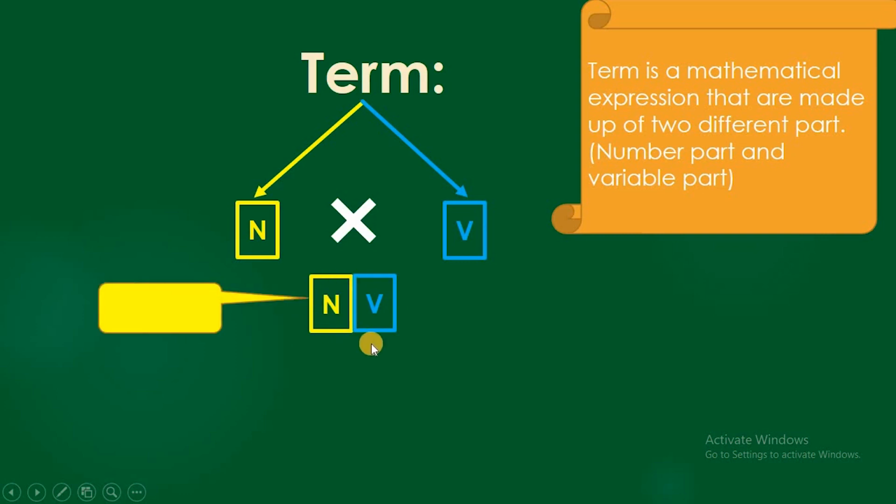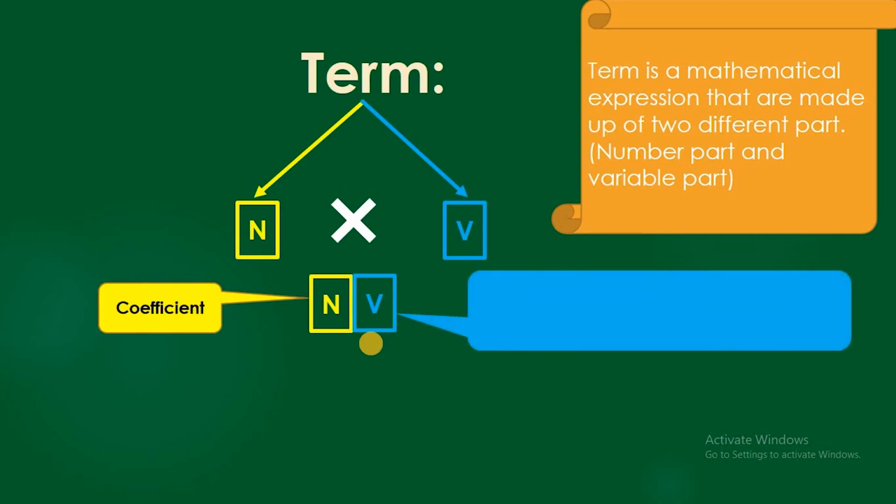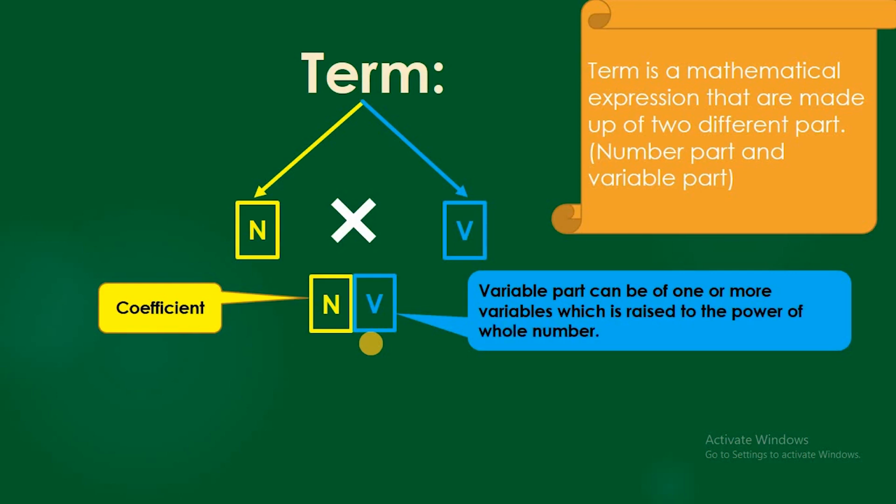And the number part of the term is called coefficient, and the variable part can have one or more variables in a term. For example, if I say 3abc, it is a term and there are three variables, that is a, b and c. Now the variable part can be of one or more variables which are raised to the power of a whole number.